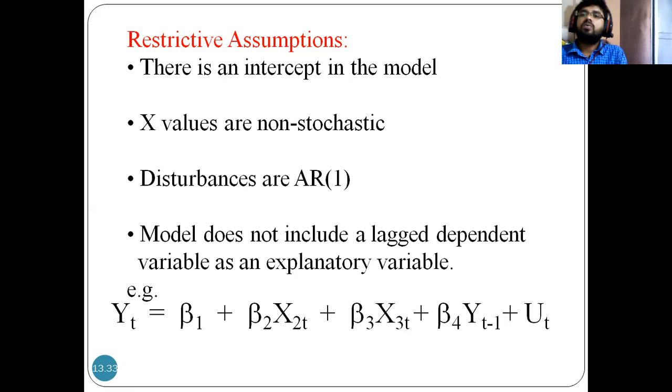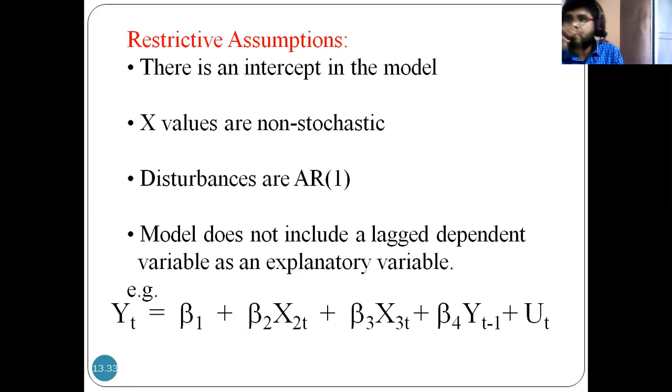Then the model does not include a lagged dependent variable as an explanatory variable. For example, in a multiple regression, Y_t is equal to beta 1, this is the intercept, plus beta 2 X_2t plus beta 3 X_3t plus beta 4 Y_(t-1). What it means is that the dependent variable depends on its own lagged value.